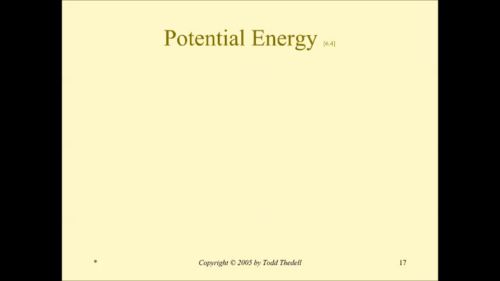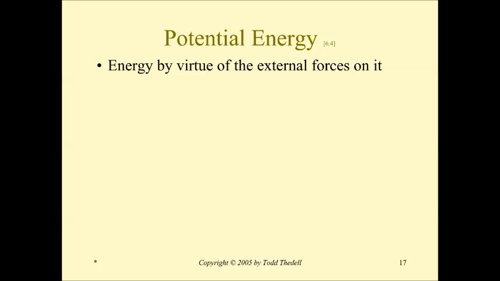Okay, so let's take a look at the next type of energy, and that's potential energy. By definition, potential energy is the energy by virtue of external forces on it. So it could be energy gained by gravity. So if we put a force on an object in a gravitational field, then we can increase the potential energy, or the work that we put in will be stored as potential energy.